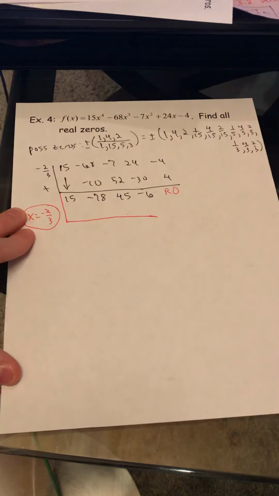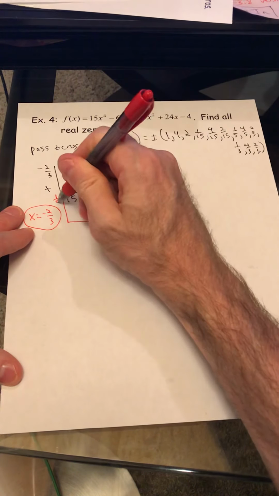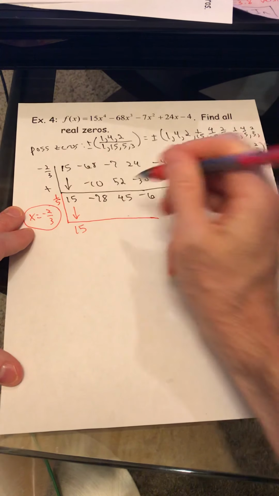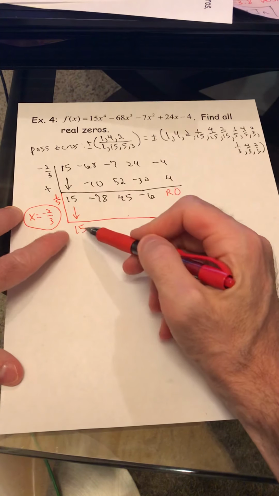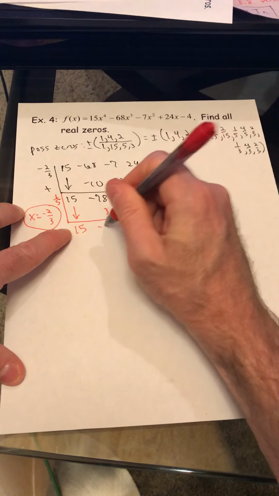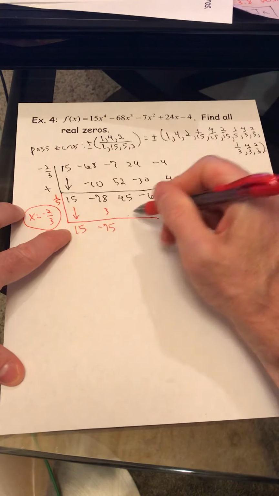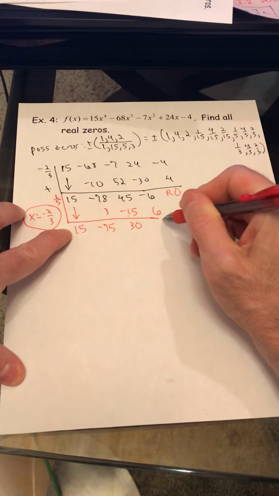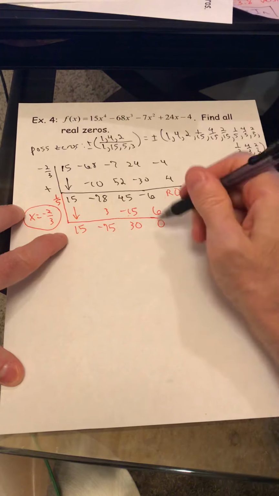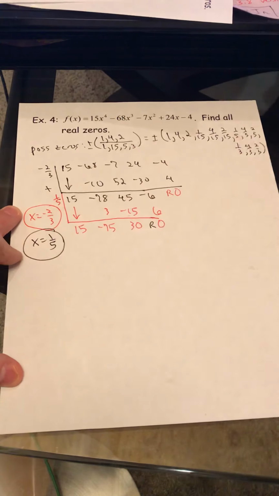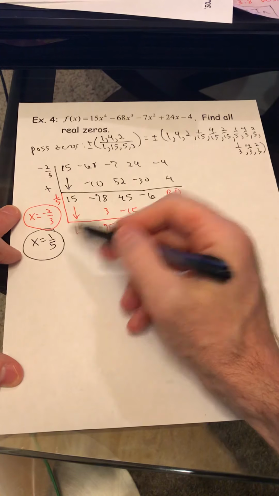But again, it saves you a little bit of random work if you use that solving function. So bring down the 15, a fifth of that is 3, -75, -15, 30, +6, and a remainder of 0. So we have now verified x is -2/3, x is 1/5.